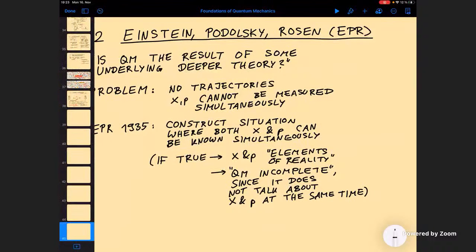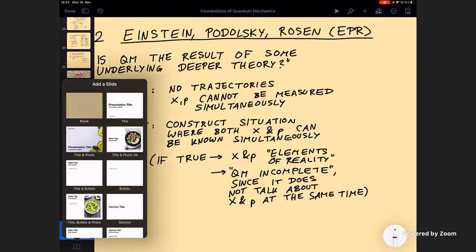They were very smart, as you might expect. And so their idea was to construct a situation where, first of all, you have two particles. Second, these two particles are very correlated.